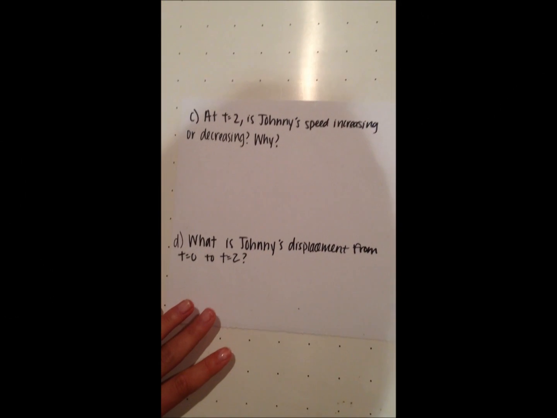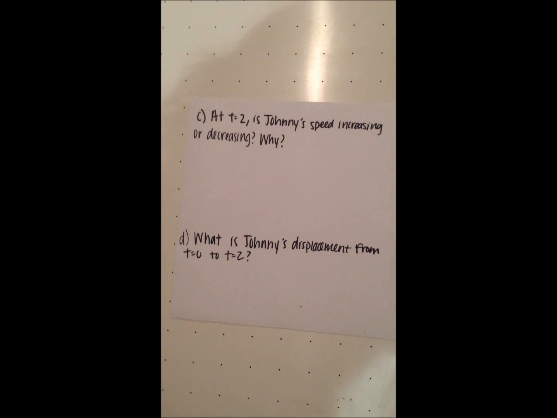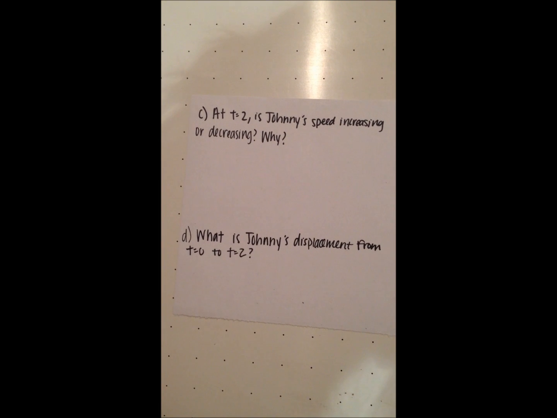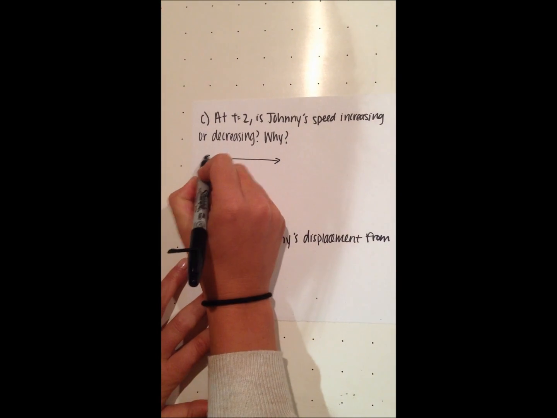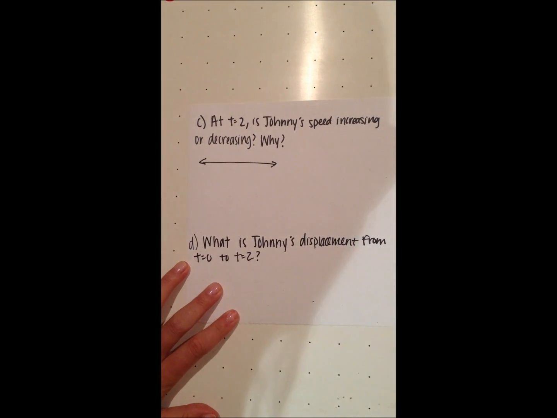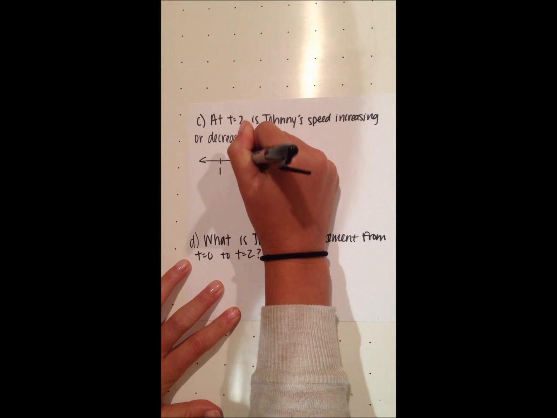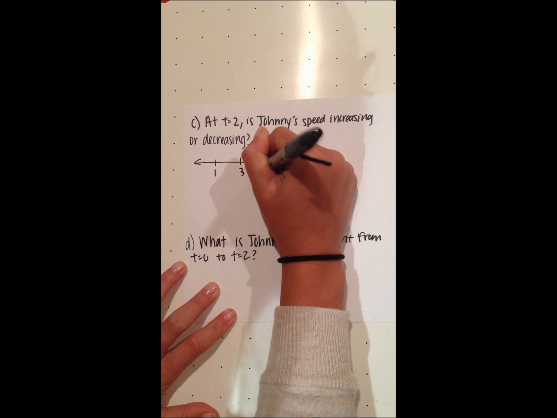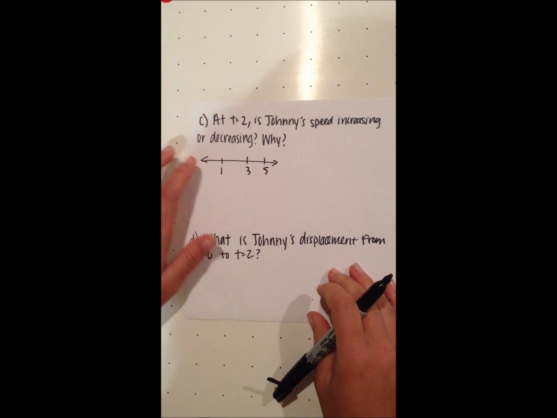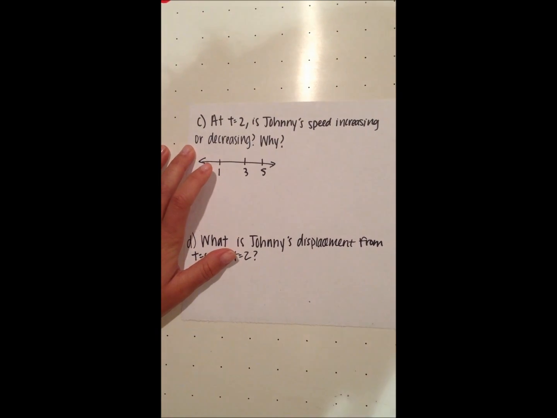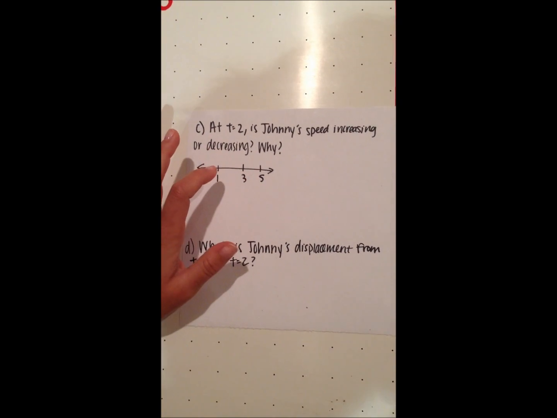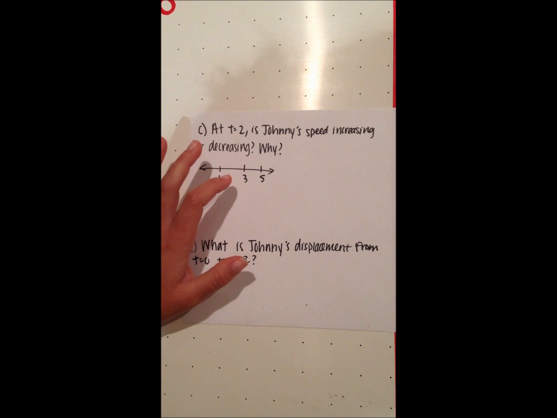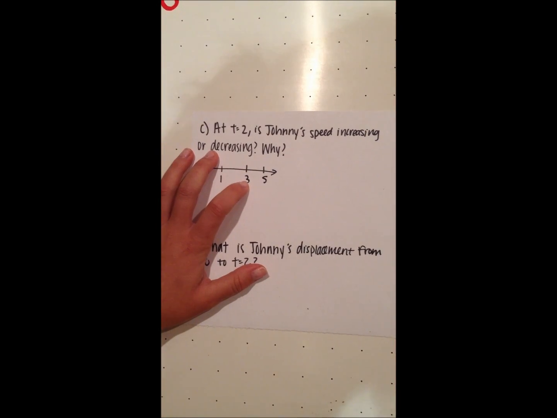The next problem asks, at t equals 2, is Johnny's speed increasing or decreasing and why? What we have to do here is set up a sign line and put the values 1, 3, and 5, because when we set the velocity equation equal to 0, we get 1 and 5, and when we set the acceleration equation equal to 0, we get 3.